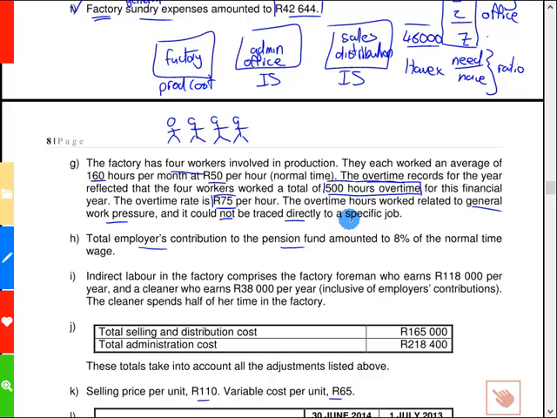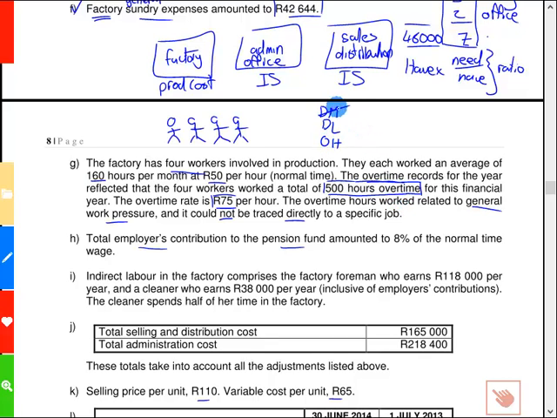Now, first question we asked, like with all the others, is the payment of these factory workers related to making the product? Yes or no? Yes, why? Because it is factory workers. Right, then once we've got that, now we know it's production cost. Now we need to decide, is this direct material, direct labor, or overheads?